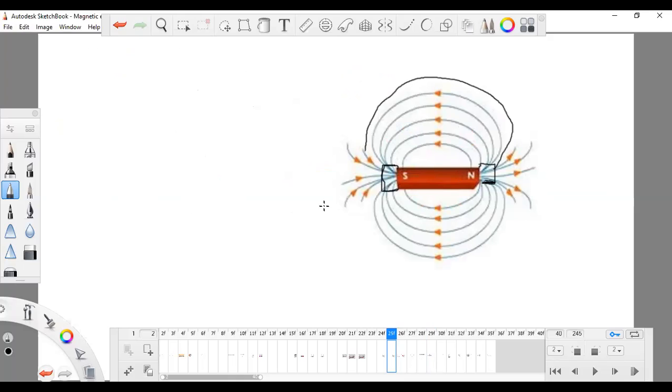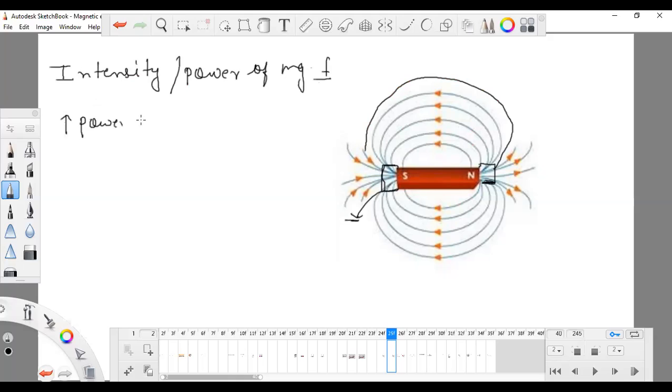If we want to check the intensity or power of the magnetic field, the highest intensity, the highest number of magnetic field lines, is present near the poles, so there is increased power near the poles. As we studied yesterday, they accumulate there, continue here, and start from here.